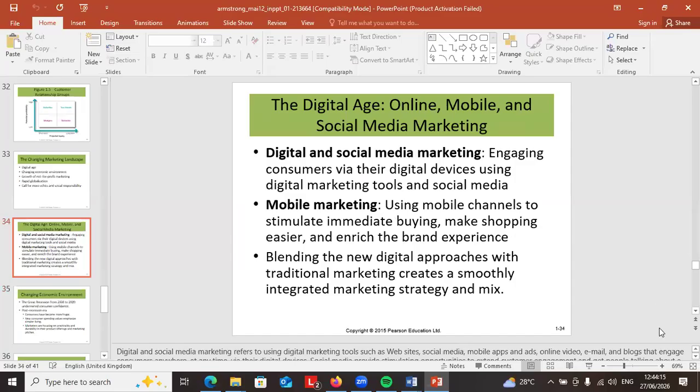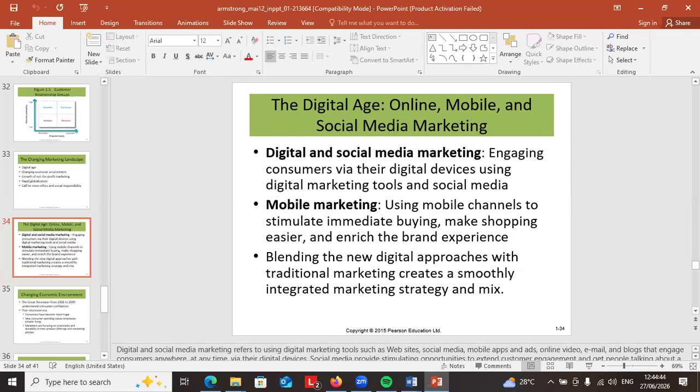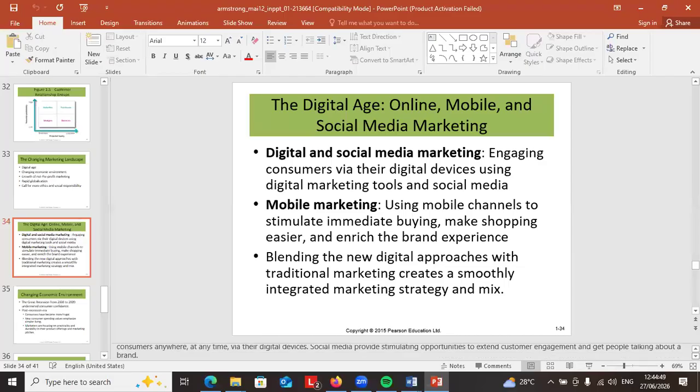Now, we're looking at the digital age, right? Digital and social media marketing refers to using digital marketing tools such as websites, social media, mobile apps, online videos, emails, and blogs to engage consumers anywhere at any time via digital devices.